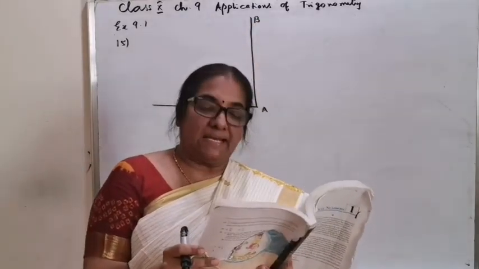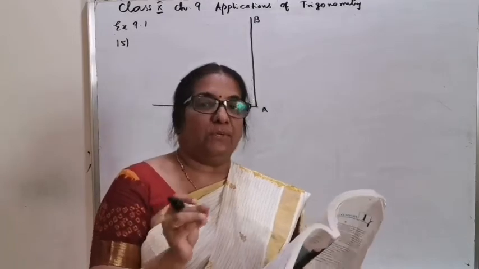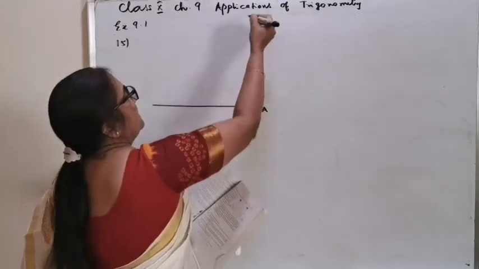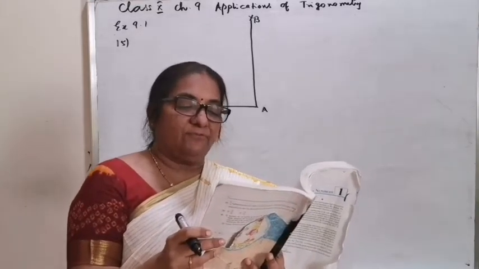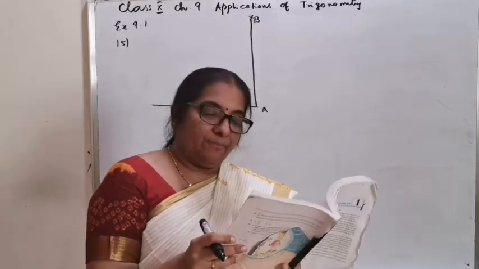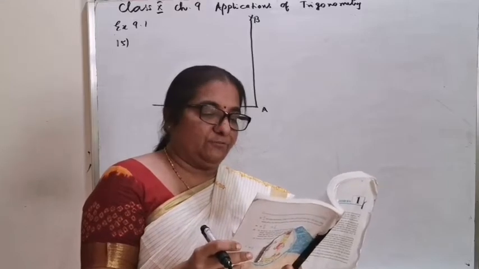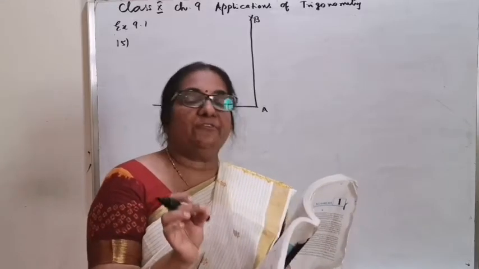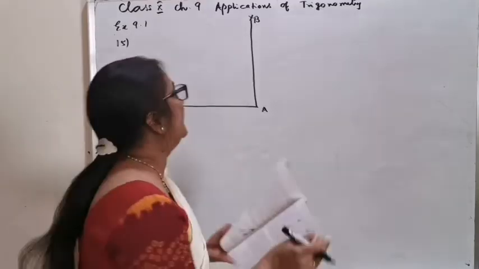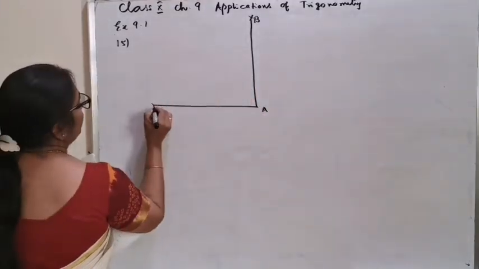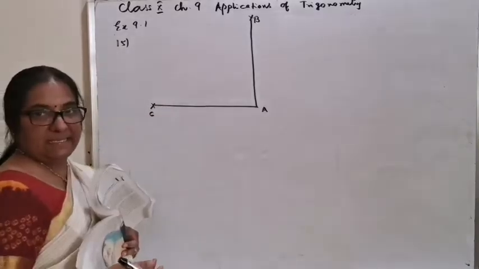A man standing on the top of the tower observes a car at an angle of depression of 30 degree, which is approaching the foot of the tower with a uniform speed. Underline the word uniform speed. He is observing a car in the position C.